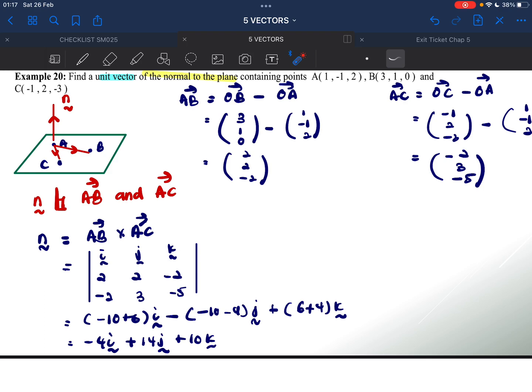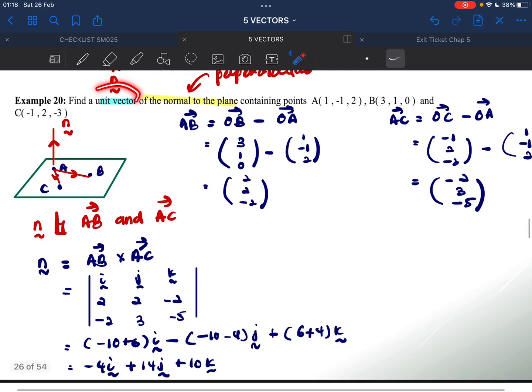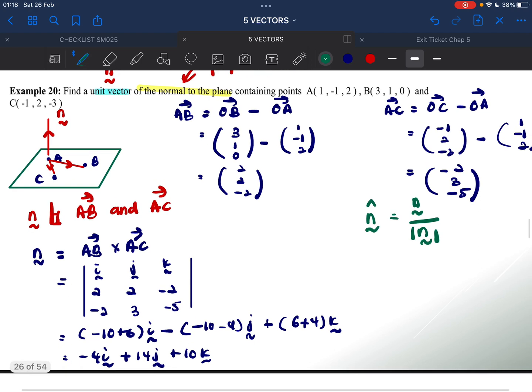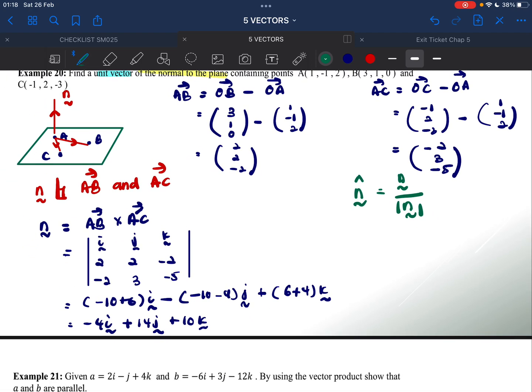So now what's question one? The unit vector that is perpendicular to the plane. That's why we have to find the normal here. By using the formula, the unit vector n hat equals the vector divided by the magnitude. Your normal vector is the product of A cross B, negative 4i plus 14j plus 10k.